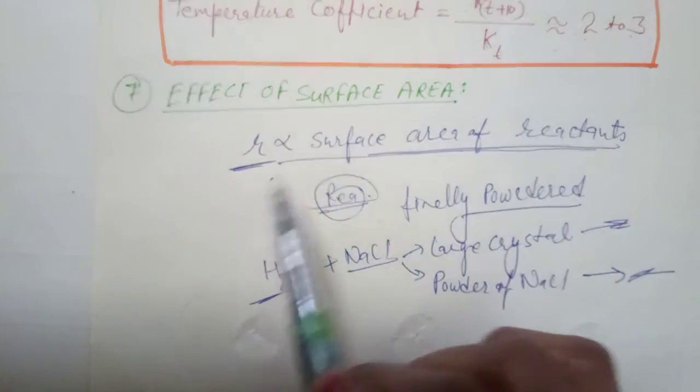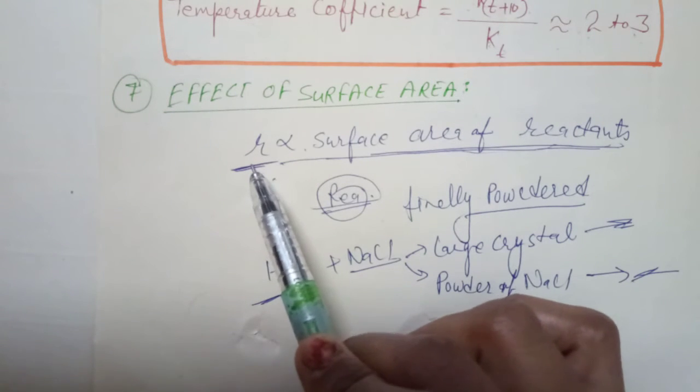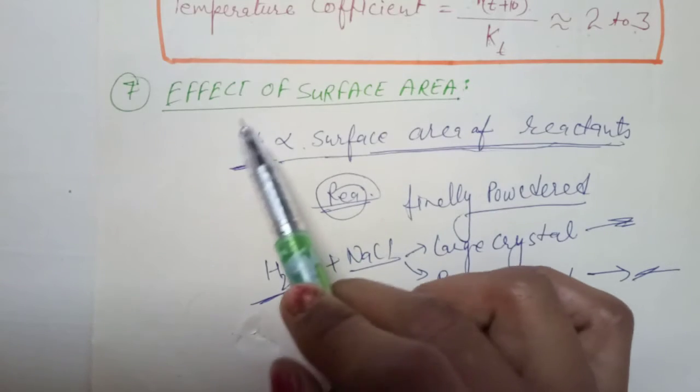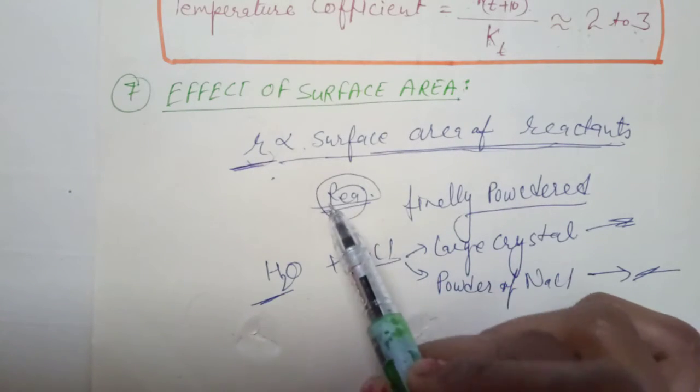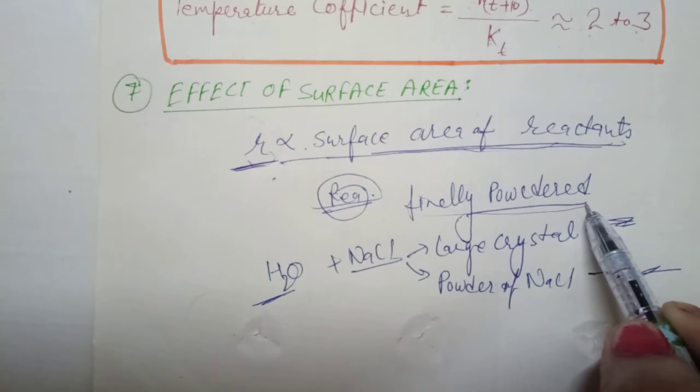So when the surface area of the reactant is increased, the rate of reaction also increases. To increase the rate of reaction, we have to take the reactants in finely powdered form.